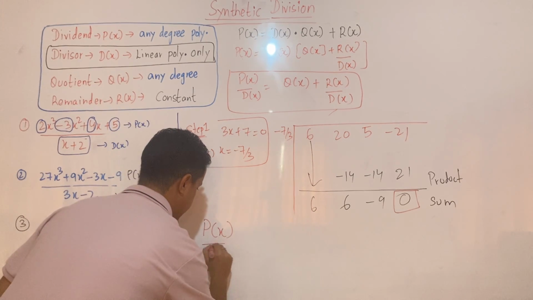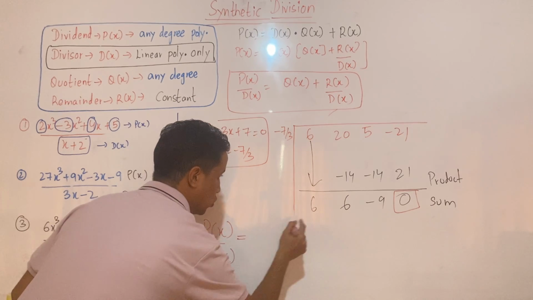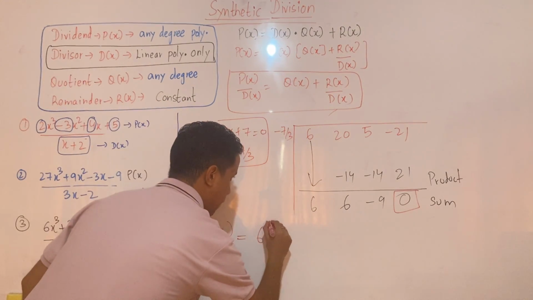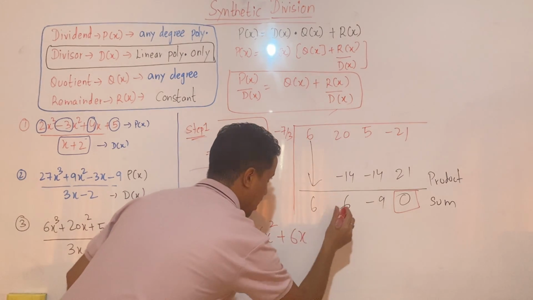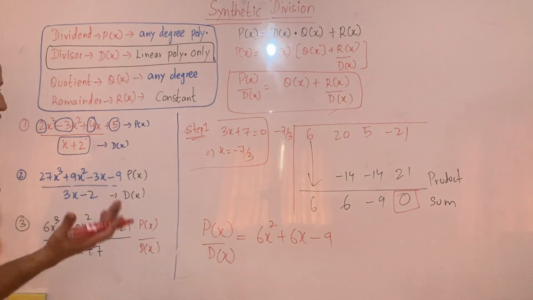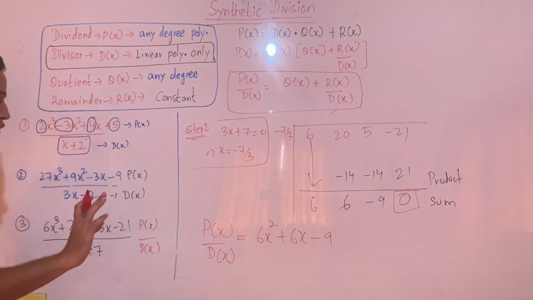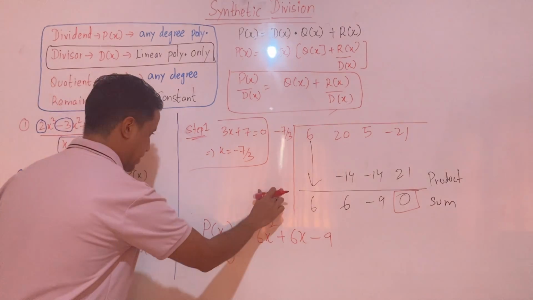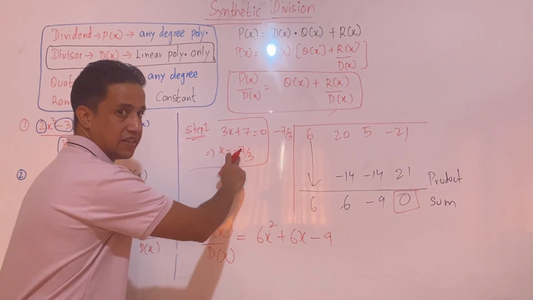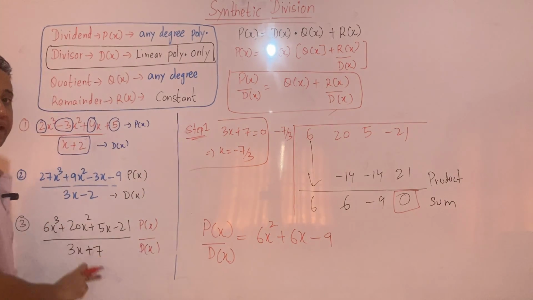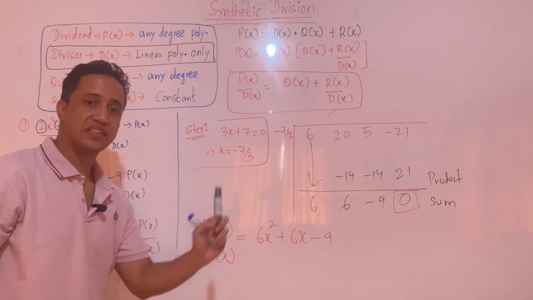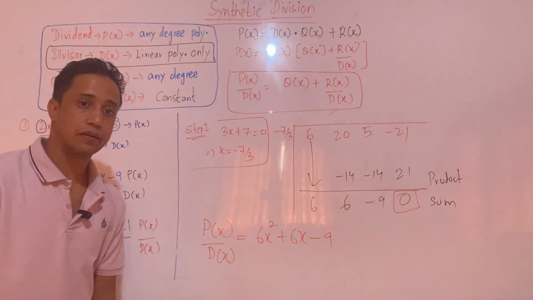Okay, so can I write it like this? Px by dx is equal to 6x squared plus 6x minus 9. Okay, also you can write px and then put the value of x equal to minus 7 by 3 in px, and the value of p of minus 7 by 3 must come 0.